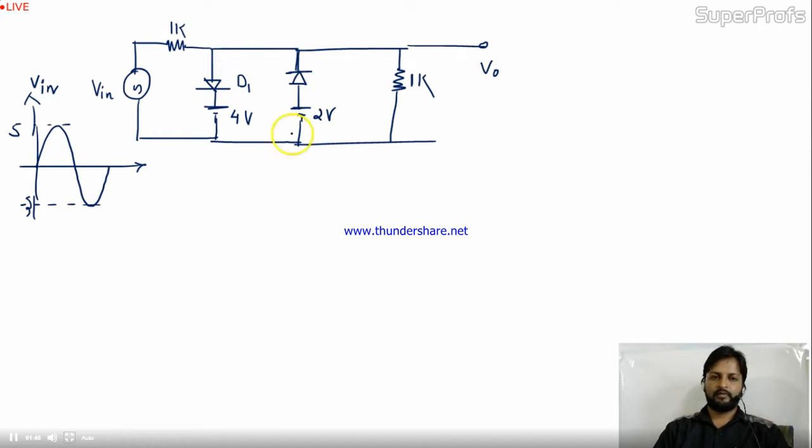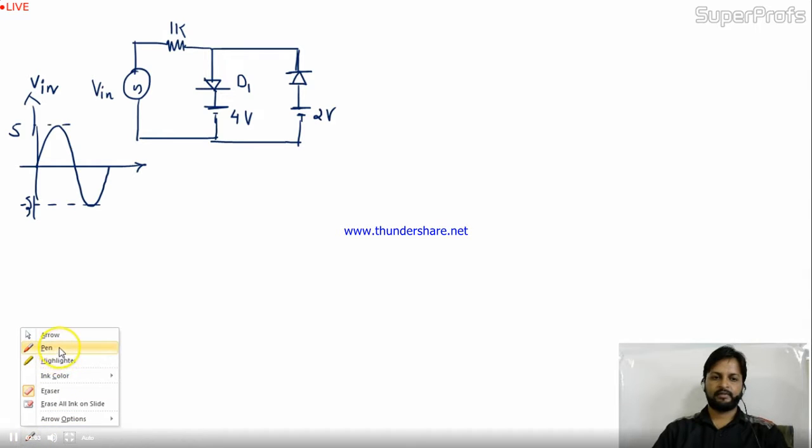We'll do this problem, but in the actual problem this 1K is not there, so I'm sorry, I had to remove this. This 1K is not available with us. The question is this much only. Let me draw it again. Here I'm taking V naught.